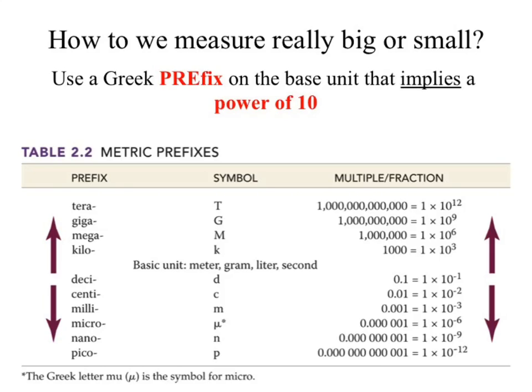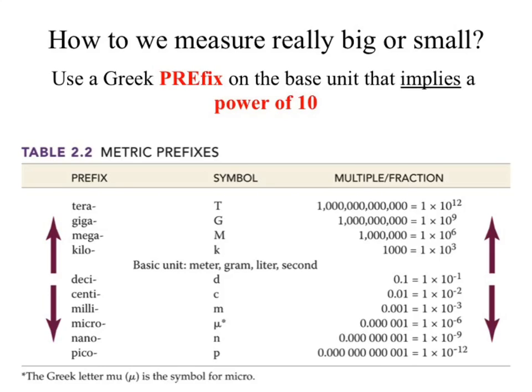You probably won't even see deci all that often, or mega, giga, or tera. Why are mega, giga, and tera kind of out of the question? Those are way too huge to work with. Why are nano, pico, and even micro way too small? So some of those you'll see show up in questions. If you see them pop up in questions, you don't have to have it memorized.